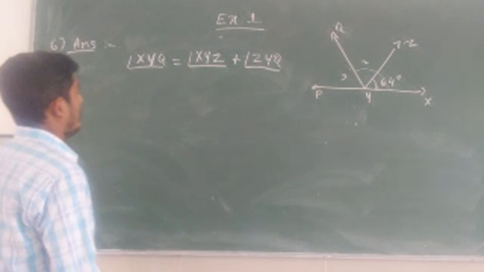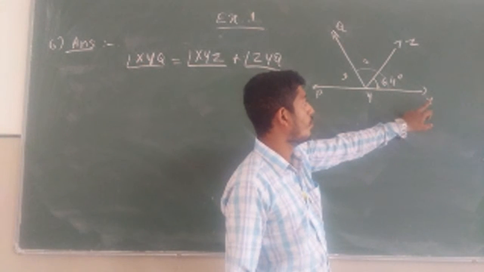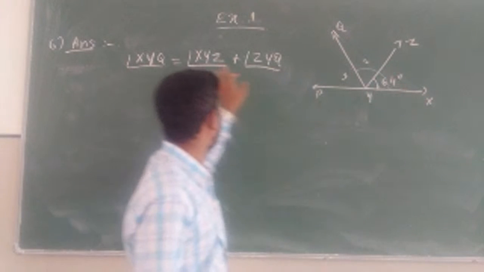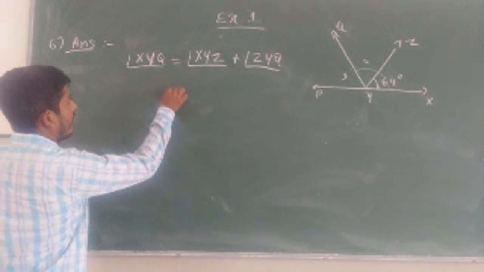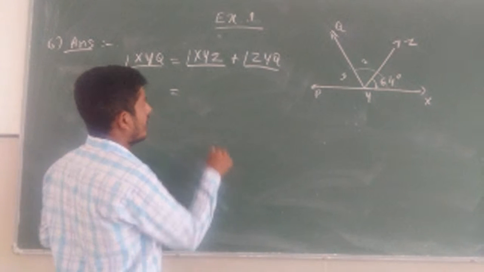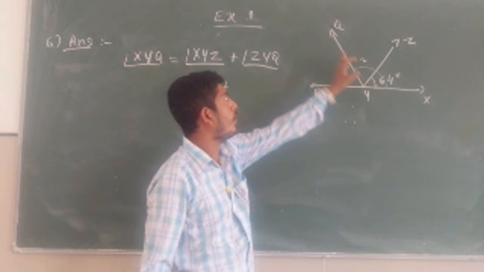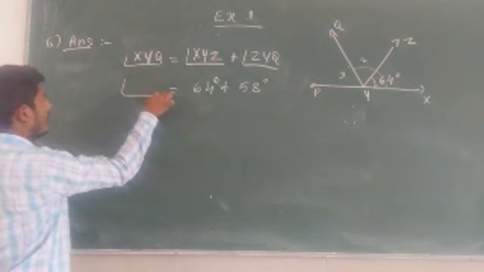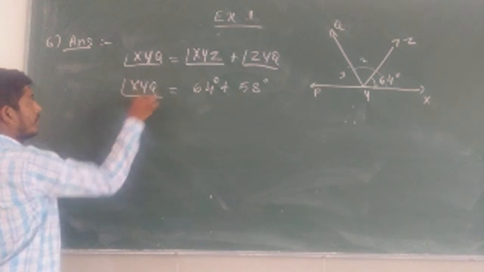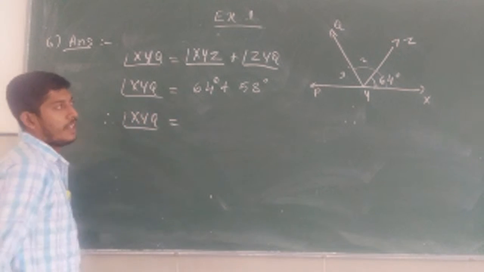Then see here, angle XYQ is equal to the sum of two angles, XYZ and ZYQ. I will write the data here. XYZ is 64 degrees plus ZYQ, which we just found as 58 degrees. So angle XYQ is equal to dash.